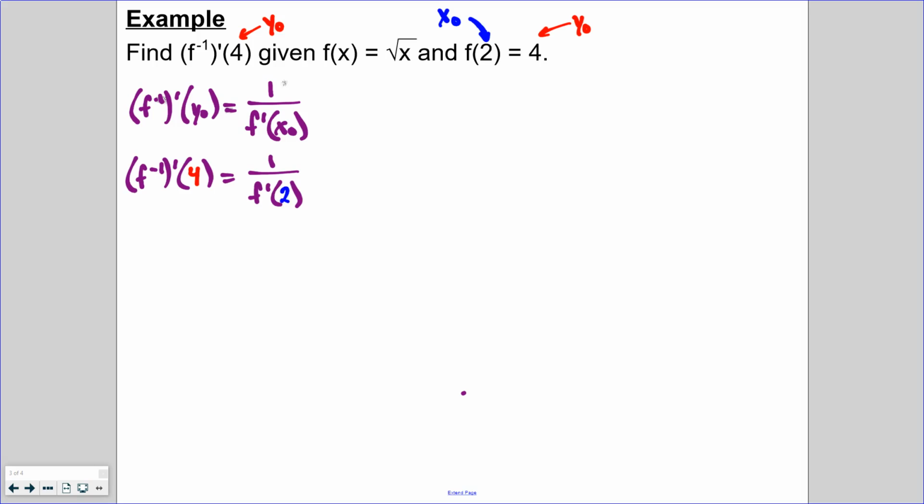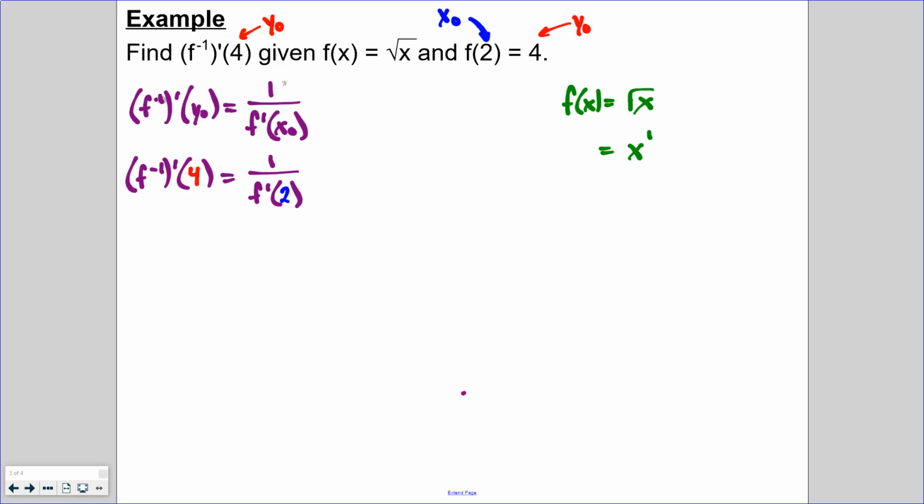In order to find the derivative of the inverse of 4, all we really need to find is the derivative of f at x equals 2. We'll work on that on the side here. We know f of x is the square root of x, but unfortunately, we can't take the derivative of square roots.